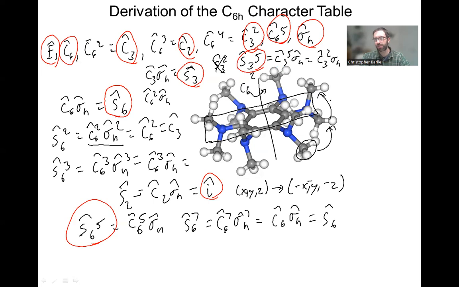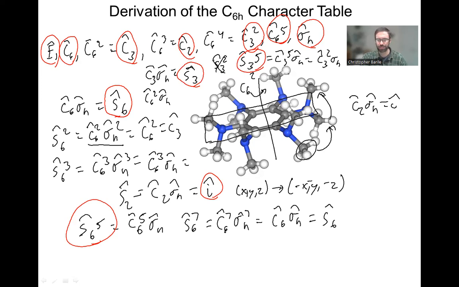We could do an S3 six times, and that's going to get us back to identity, so that's no good. And then we can think about, all right, what if we do something generated from the C2? Well, if we do that, C2 times sigma h gets us to inversion, which we already showed. And if you move on and try to generate things from C3, you're back to here, okay?